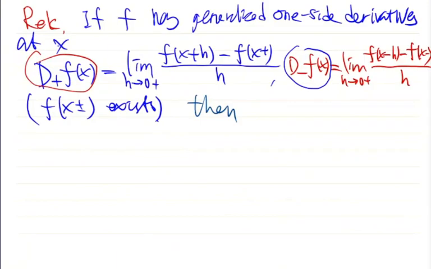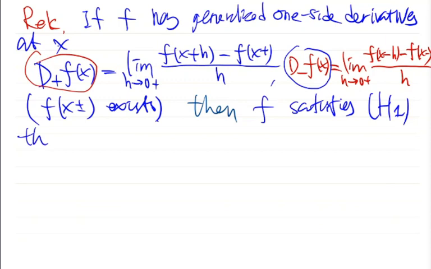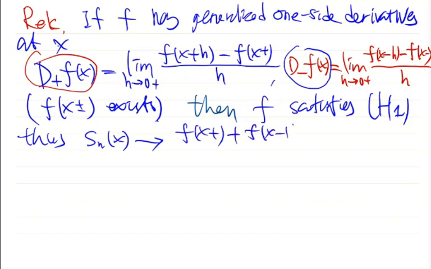So exactly the same proof, we will see that f also satisfies Hölder continuity of order 1, and thus the Fourier series converge to the mean value of the one-sided limit at x.